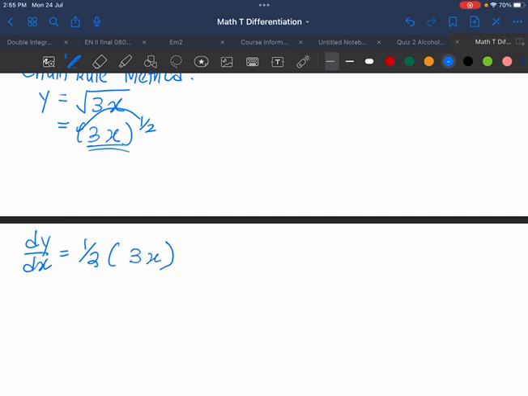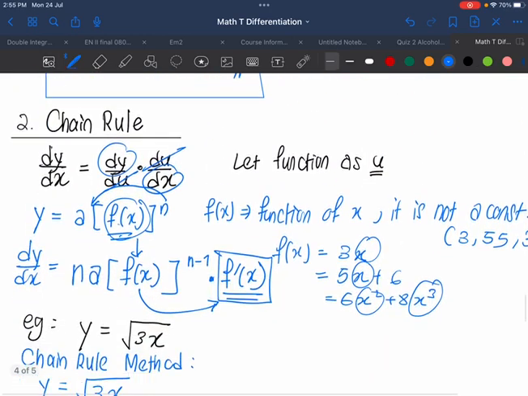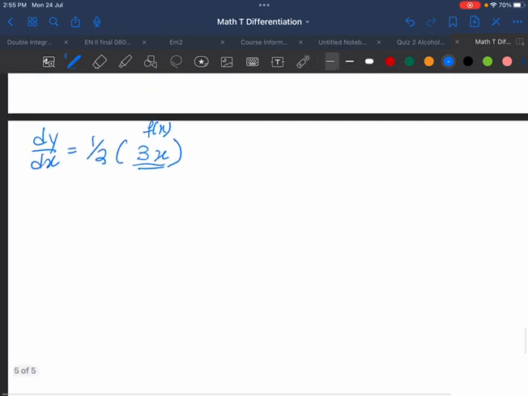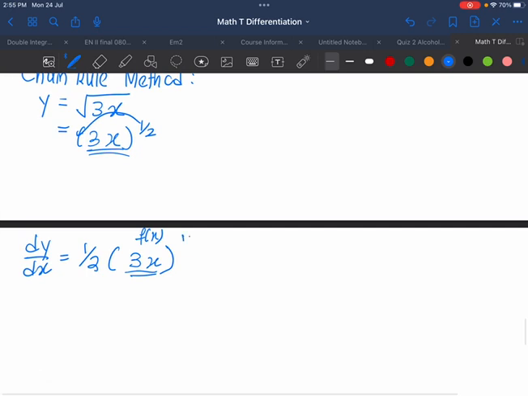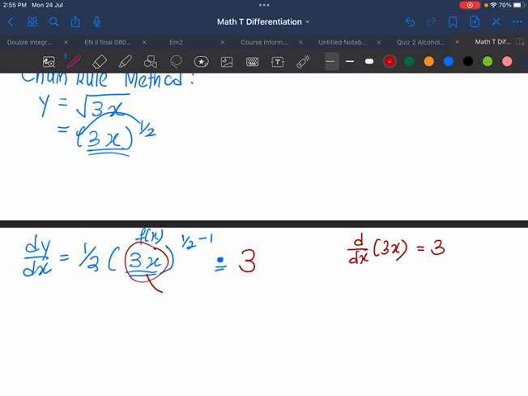That means we don't change this. This is the function, this is the f(x), and n minus 1 is half minus 1. Now we must multiply back, don't forget this one. We differentiate the thing inside the brackets. We know that d/dx of 3x is 3, so we multiply with 3.